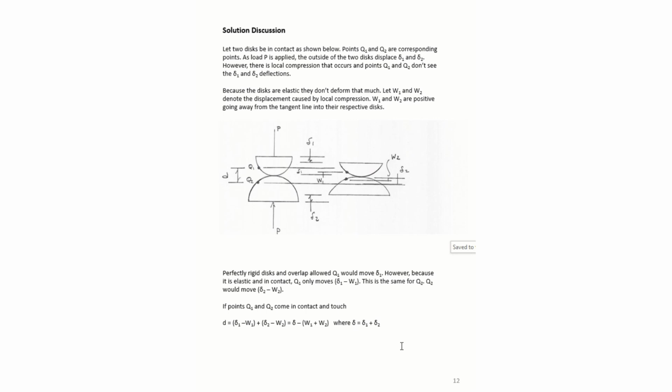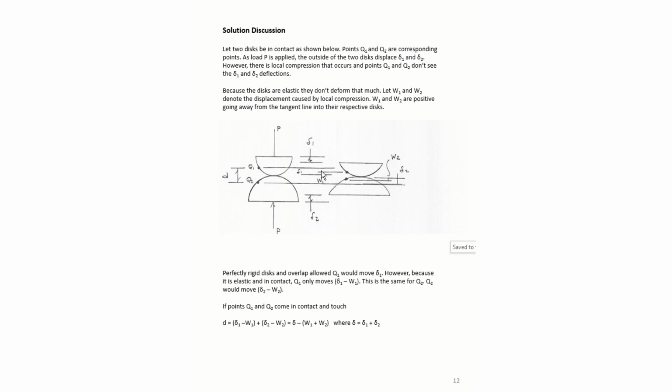that we just came up with. So what we're going to do in this picture right here is we're going to let these two bodies be in contact with each other, and we're going to push on them with load P. Now, because these bodies are elastic, as they compress, they're going to stretch out and deform and flatten out.